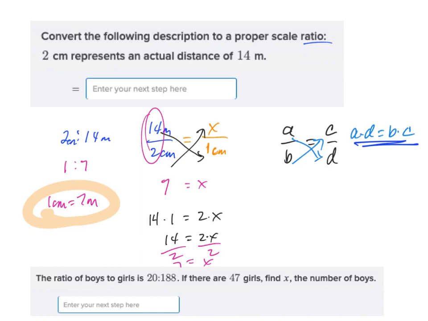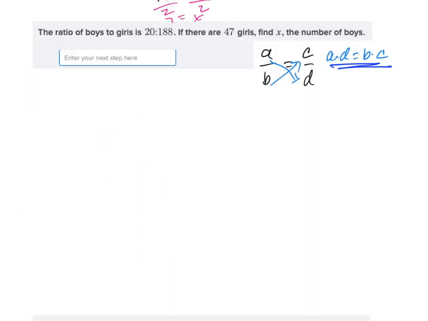Okay, so on this one, it says the ratio of boys to girls is 20 to 188. You have to be careful of this because a lot of you will make the mistake of not paying attention to what they're saying. So these are boys and these are the girls.